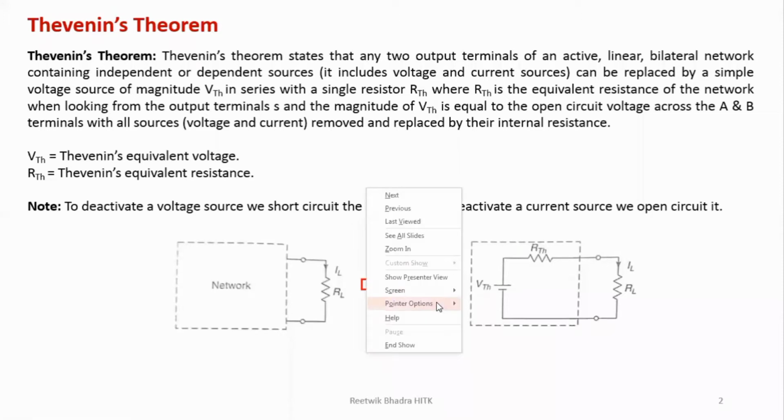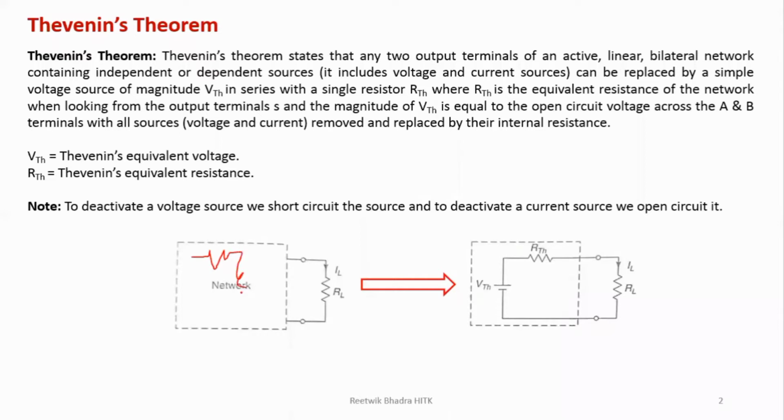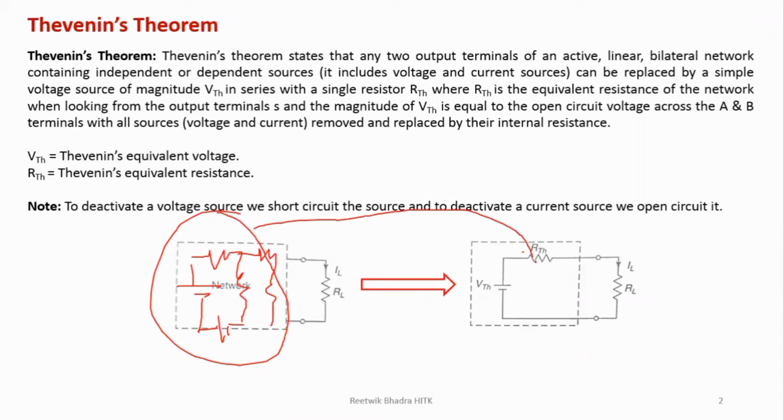If there is some resistance like this, some resistance like this, many things, a voltage source over here, a voltage source over here, this whole circuit is solved and brought into one voltage source and one simple resistance. That voltage source is called your Thevenin's equivalent voltage, VTH, and that resistance is called your Thevenin's equivalent resistance.